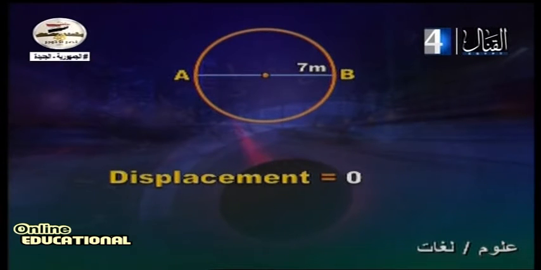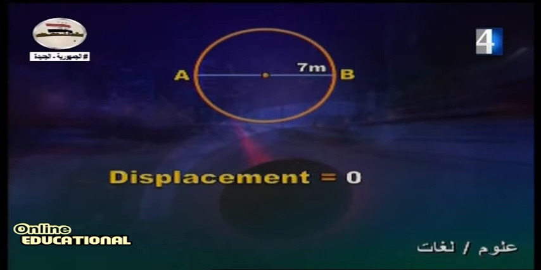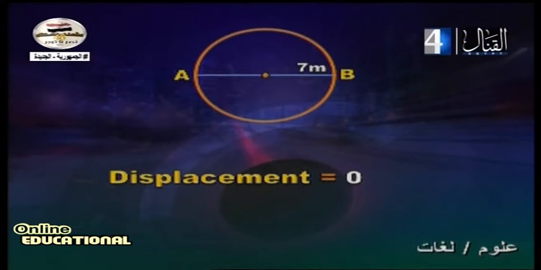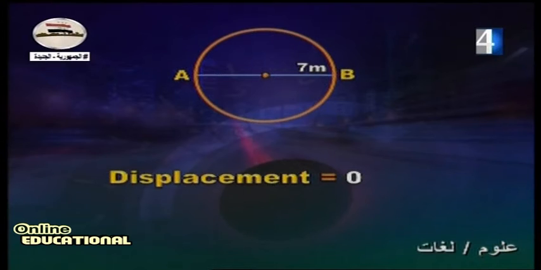Again, this is an important question: when does the displacement of an object equal 0? When the start point is the same as the end point of the object. So when any object moves in a circle and returns to the start point, the displacement of this object is 0. When any object returns to the start point and stops there, the displacement equals 0.